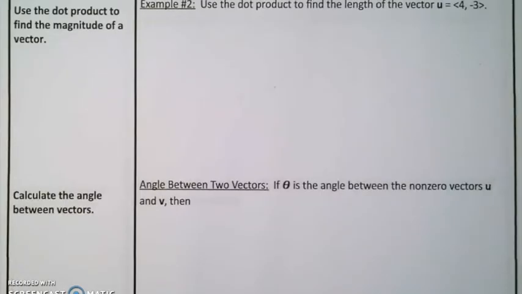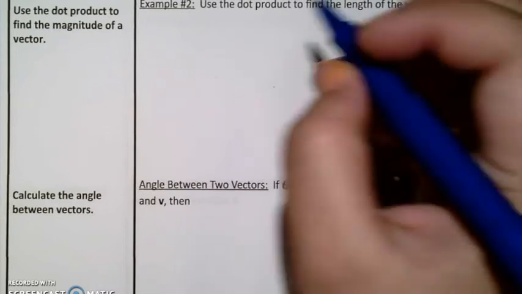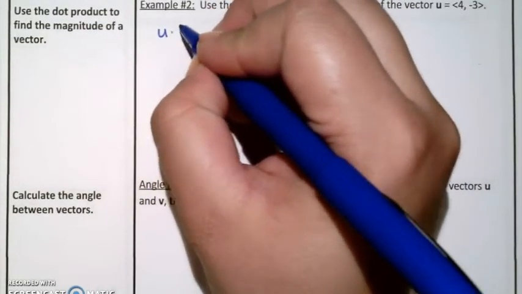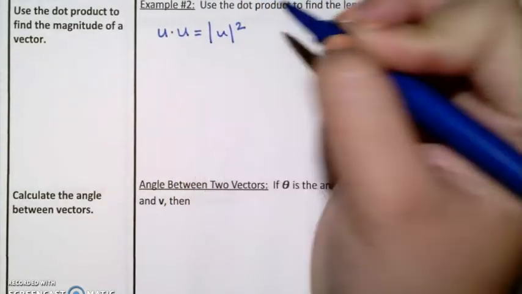For example 2, we want to use the dot product to find the length of the vector u, which is 4, negative 3. Recall from the properties on the previous page that property 2 said that if I take the dot product of a vector in itself, it gives us the magnitude squared. So using that, if I take u dot u, it would give me the magnitude of u squared.